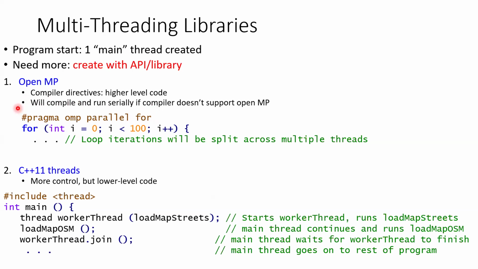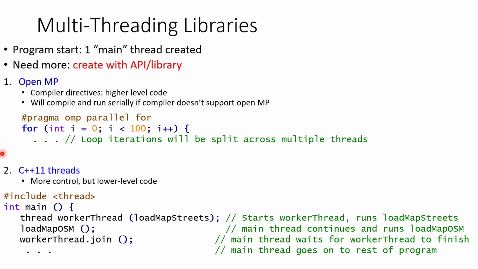OpenMP is a compiler directive, and it's higher level, which means that you don't need to code everything for yourself. The compiler will do everything for it. And this will happen during the compile process, and if your compiler doesn't support OpenMP, it will just run serially. It won't break your code or anything.